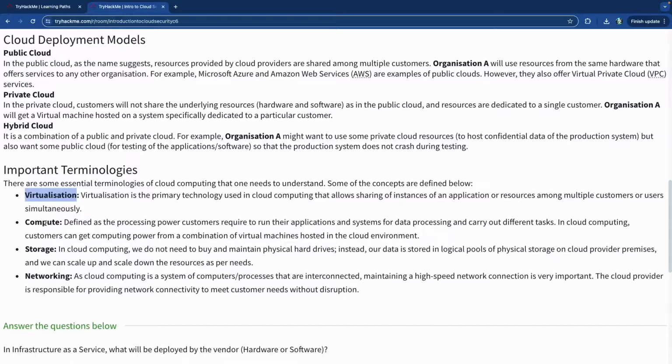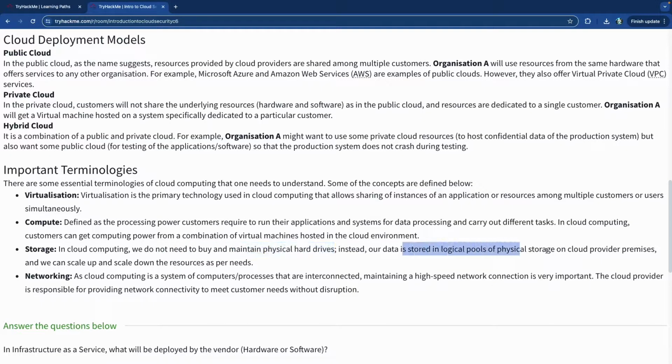In this specific pathway, in this module actually, computing is defined as the processing power customers require to run applications and data for processing and carry out different tasks. In cloud computing, customers can get computing power from a combination of virtual machines hosted in their environment. Then you have storage, which is pretty self-explanatory. So you don't need to maintain physical hard drives when you're using the cloud.